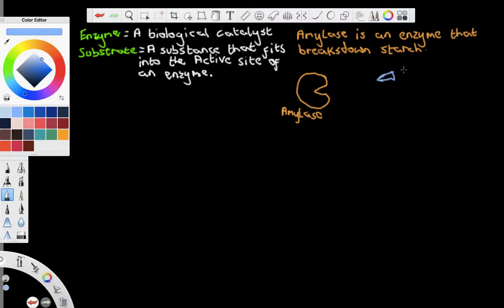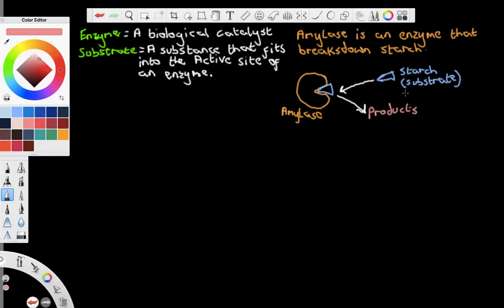So that's my starch, which is the substrate. Now what happens is that starch will go into the active site of amylase and it will be broken down into products. Okay? Now exactly like we've said earlier, if you're looking at this and you're saying, I don't understand that, you need to go away and watch the video on enzymes, please. So amylase is an enzyme that breaks down starch.